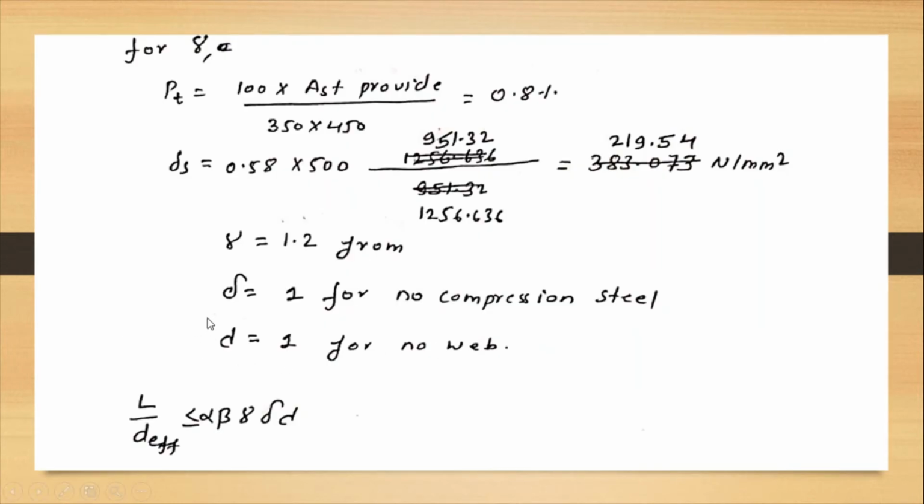Now I have the value of delta equal to 1 because I have done it for the tension reinforcement, and lambda is equal to 1 for no flange. Now we have to put these values in this formula.